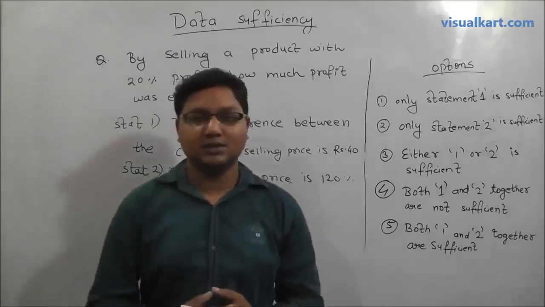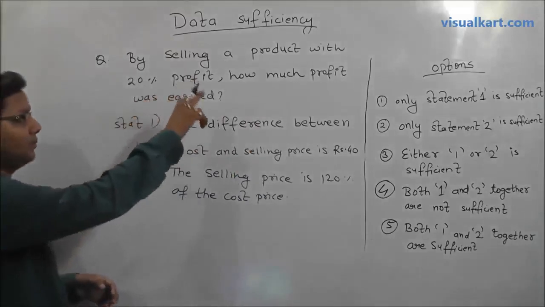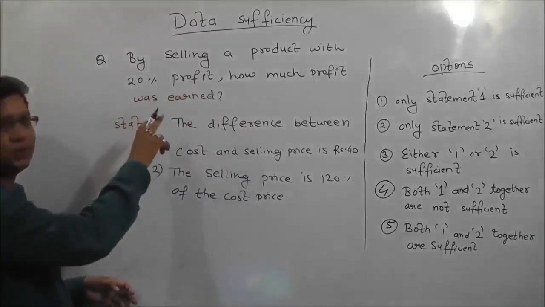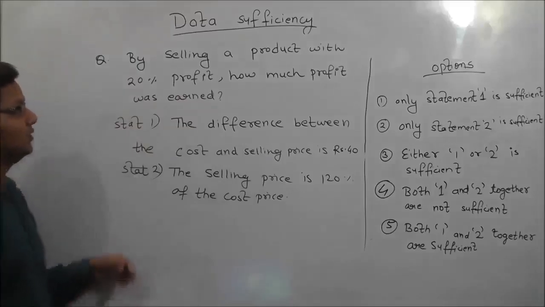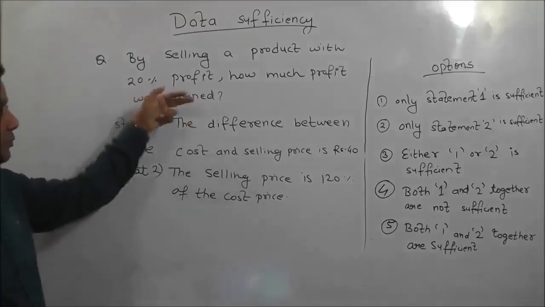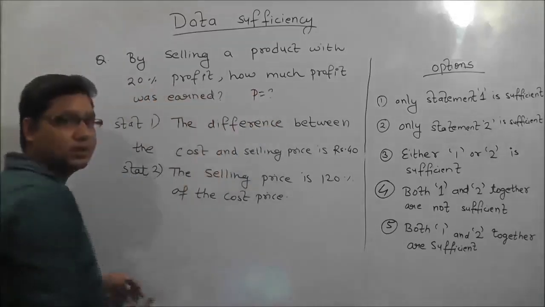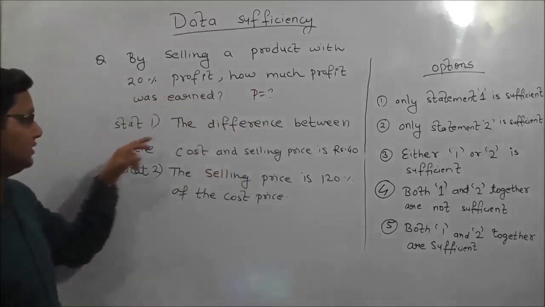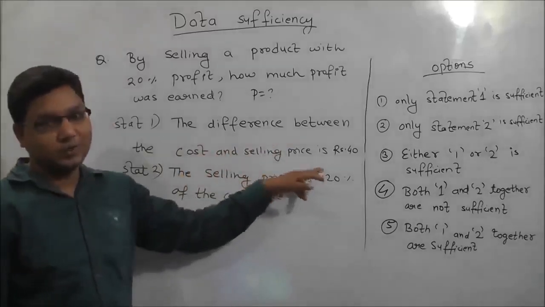So now let's see the next question. That is, by selling a product with 20% profit, how much profit was earned? So we have to find the profit. The first statement is the difference between the cost price and selling price is rupees 40.